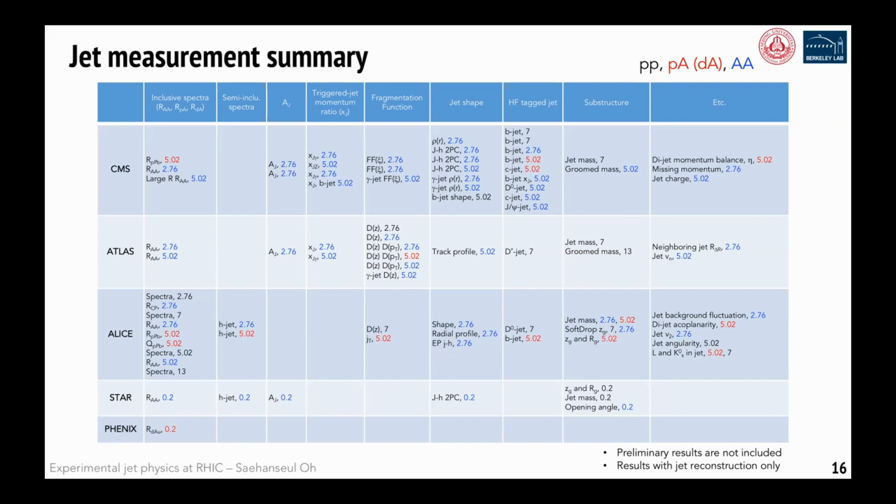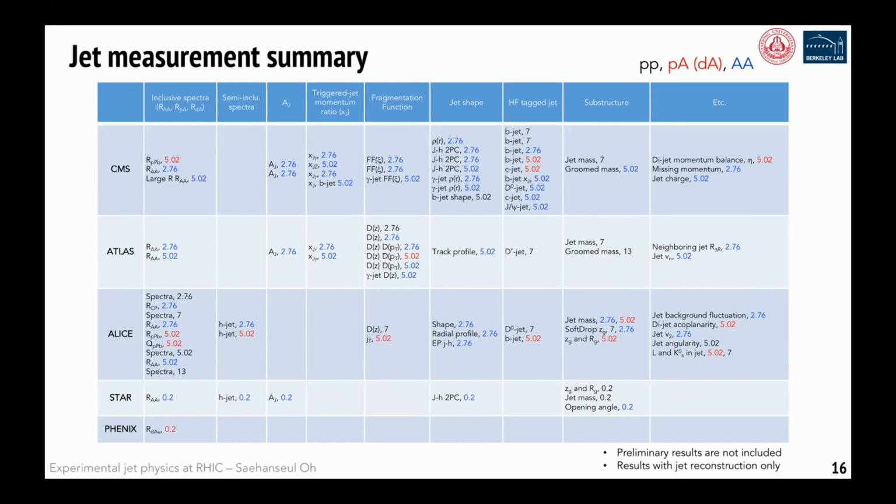But in experiment, it's not really the same because we have the experimental limit. In our method, we use the semi-inclusive approach, requiring a high momentum particle. That is not really accounted for in the theory calculation, so there's a discrepancy. Also, for example, we start from the 0.2 GeV particle, right?